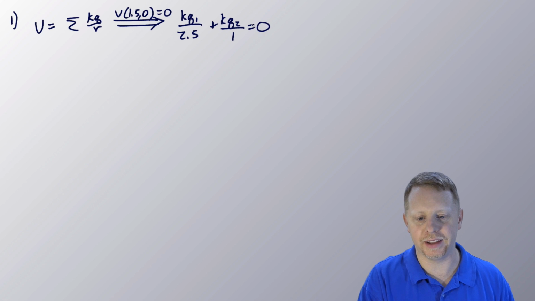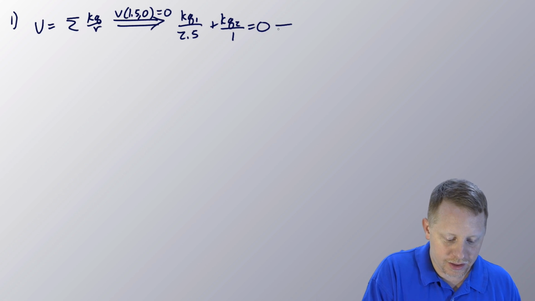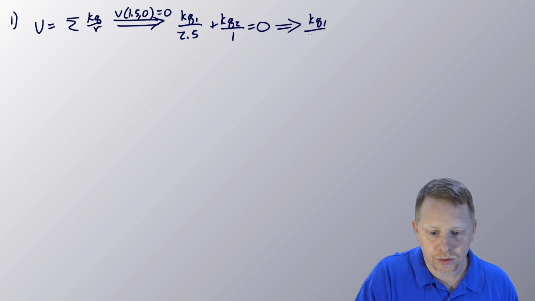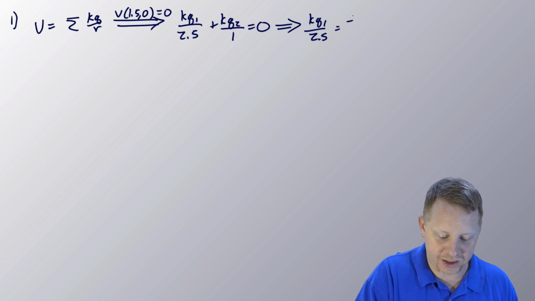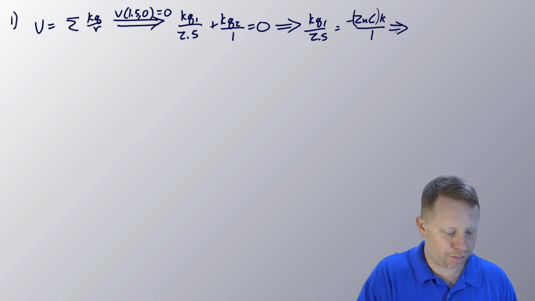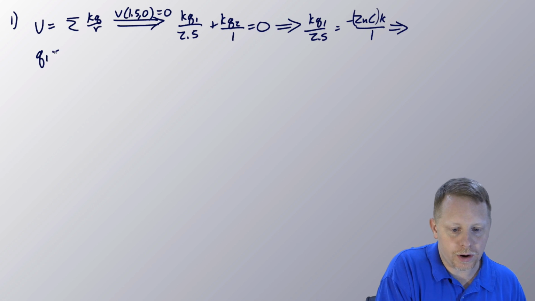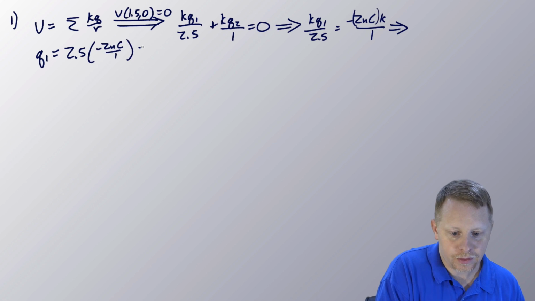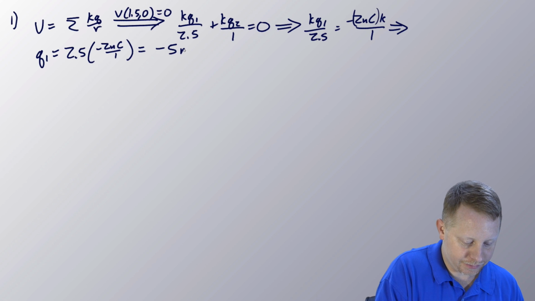Now it just becomes an exercise in algebra. This then implies that kQ1 over 2.5 equals -2 nanocoulombs times k over 1, which implies then that Q1 must equal 2.5 times -2 nanocoulombs over 1, or -5 nanocoulombs.